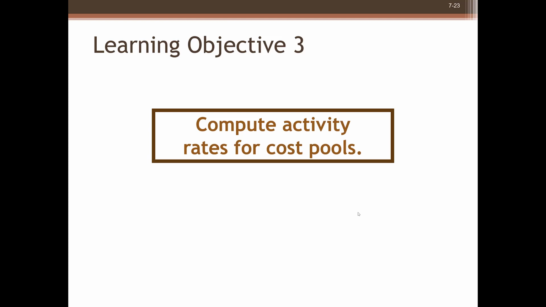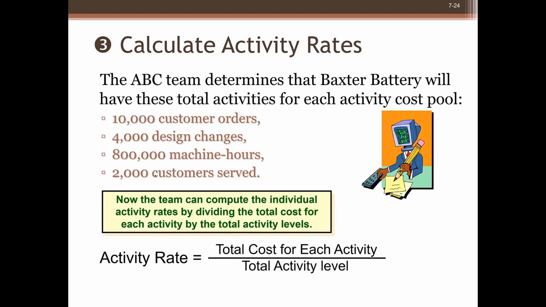Learning Objective 3 and Step 3 is to calculate activity rates for cost pools. The ABC team has determined Baxter Battery Company will have these total activities for each activity cost pool: 10,000 customer orders, 4,000 design changes, 800,000 machine hours, and 2,000 customers served.